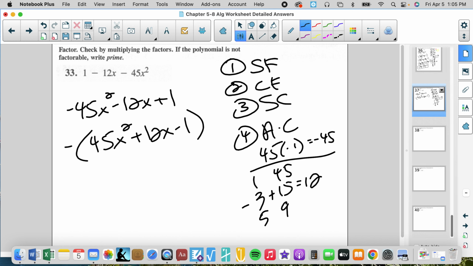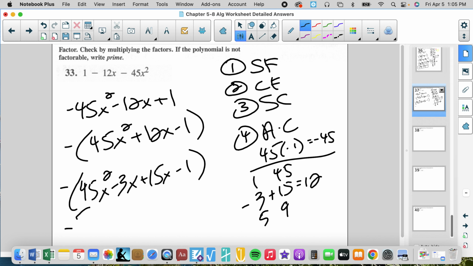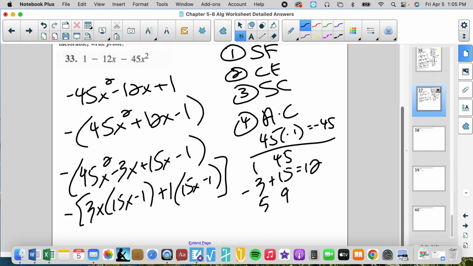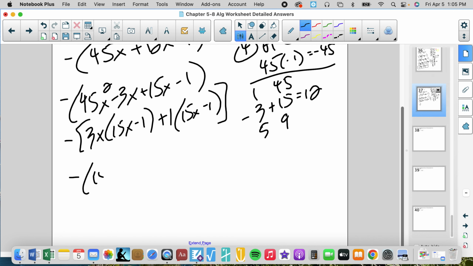Here's my 12. 45x squared minus 3x plus 15x minus 1. Factor out a 3x. We get 15x minus 1. Factor out a positive 1. You get 15x minus 1. That's the tricky part of that one. 15x minus 1, 3x plus 1.